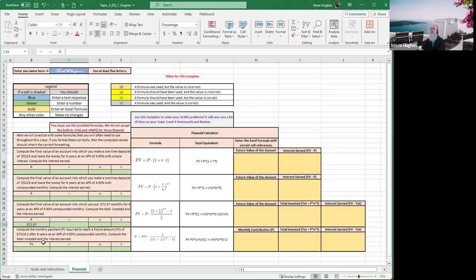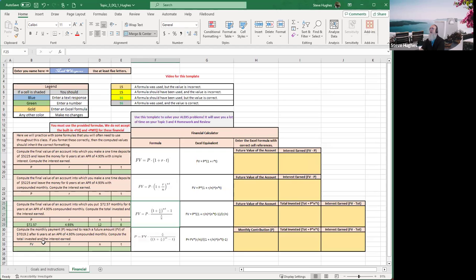My rate of interest is 4.93%. When I enter this, I enter 0.0493. Enter it as a decimal, and it will populate as a percentage. N is monthly, so it's 12. And the number of years is 6 in my example.